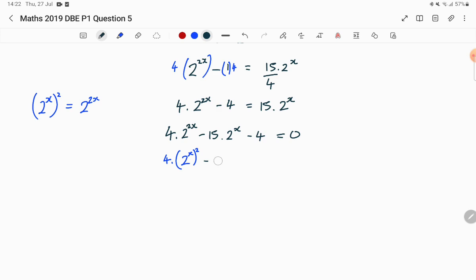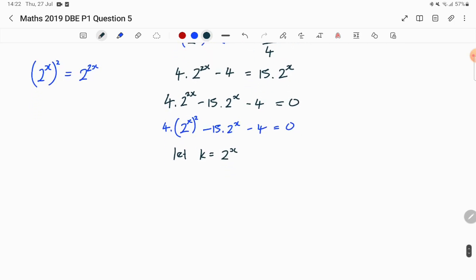15 times 2 to the power x minus 4 is equal to 0. And thereafter we can say let k be equal to 2 to the power x, just to allow the factorization process to be a bit smoother. So what we can then say is 4k squared minus 15k minus 4 is equal to 0.